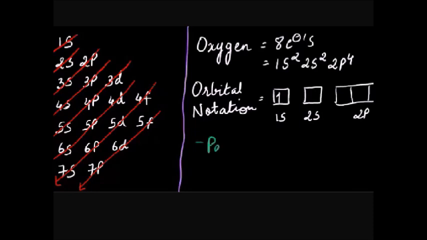The first electron enters 1s. The second electron, based on Pauli's exclusion principle, which states that two electrons entering the same orbital have opposite spins. That means the second electron which enters 1s will have opposite spin.